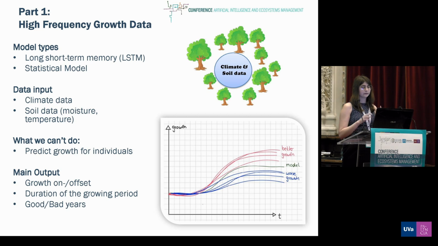So for this model, as I mentioned, we only use the climate data and the soil data, and this is really nice because the climate predictions are, of course, always for the meteorological data, and so we also hope to get an idea of how the distribution of good and bad growing years with climate change will maybe change in Austria.